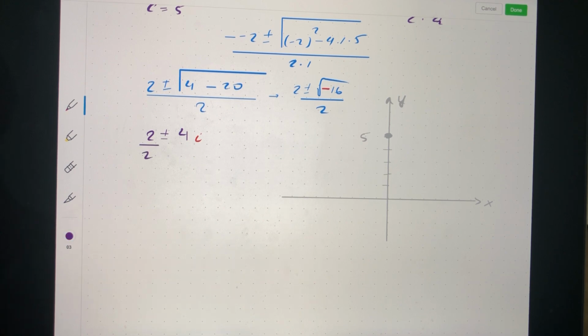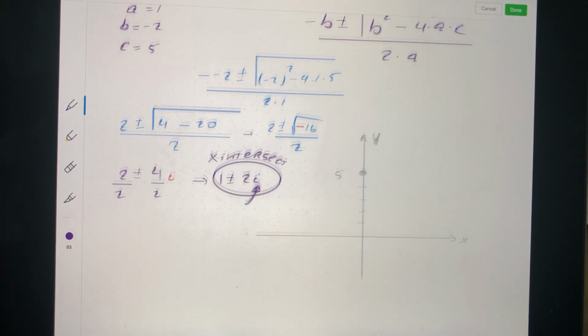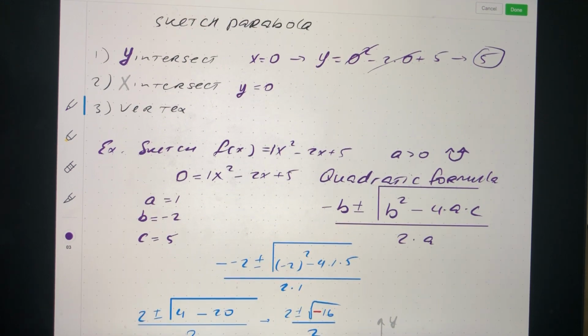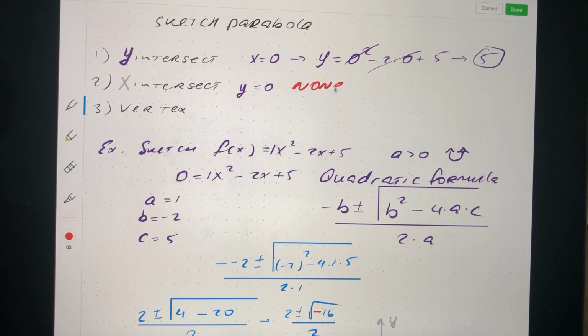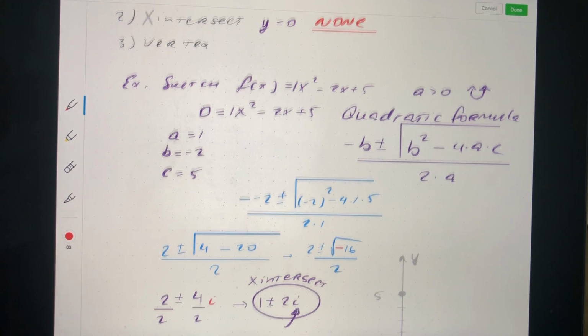The first divided by 2, the second divided by 2, and that makes 1 plus or minus 2i. So these are my x-intercepts, and they happen to be imaginary, which means I will never see them on the x-axis. So our answer to what is our x-intercept is none. And the calculator confirms it because it gave us a picture with no x-intercepts.